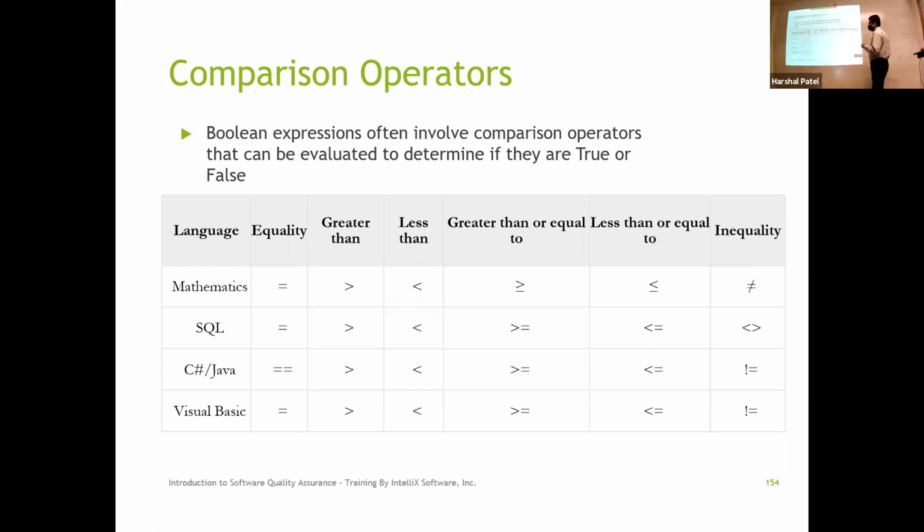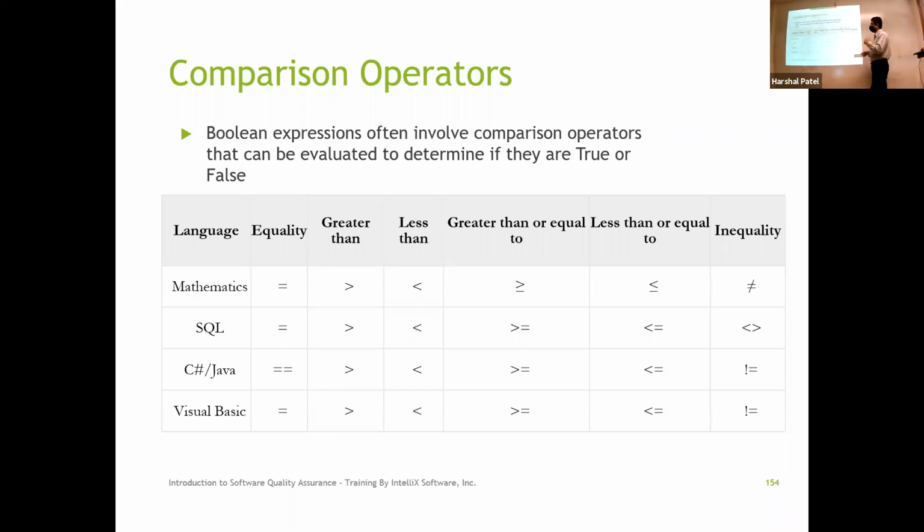If you're checking whether something is greater than another value, you put an equation or something on the left-hand side, use the greater than operator, and something on the right-hand side, and ask, is this true or false? If the left-hand side is greater than the right-hand side, it will come out as true. If that's not the case, the resultant value will be false. So you can check those conditions by comparing things.